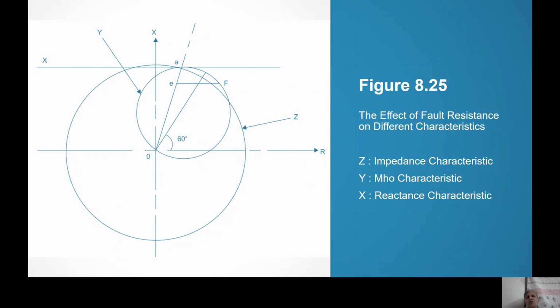With reference to fault resistance, it incorporates small fault resistance. May not be for earth fault, but at least for phase faults. So the mho relay is good.